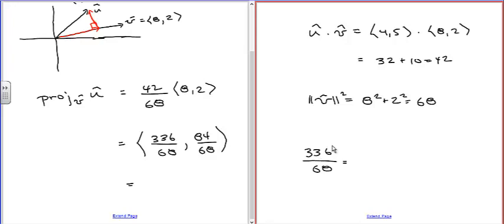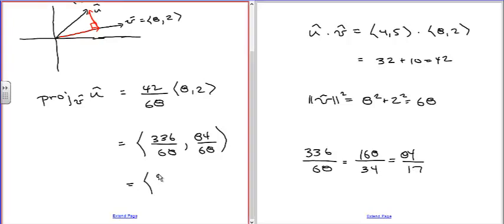So 336 divided by 2 is 168, and 68 divided by 2 is 34. They're both still even, so we can do it again. 168 divided by 2 is 84 over 17. Unless you can divide 84 by 17, we can't go any further. So this becomes 84 17ths.